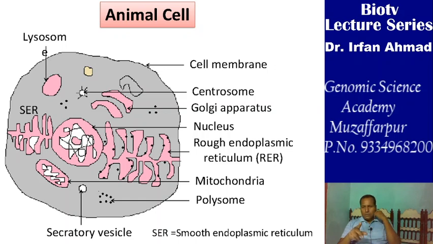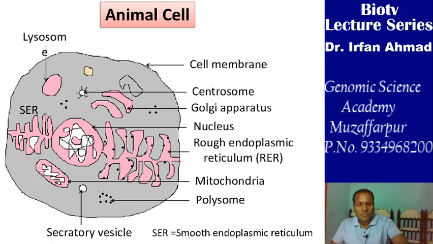Mitochondria, centrosome, Golgi apparatus, lysosome, and several other cellular organelles and cellular entities are present in the case of the eukaryotic cell, that is the animal cell or plant cell, which will be discussed in our coming lectures time to time.